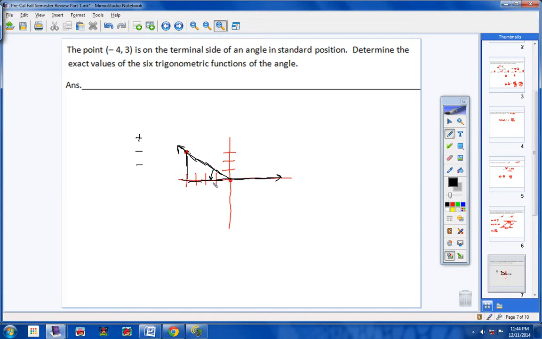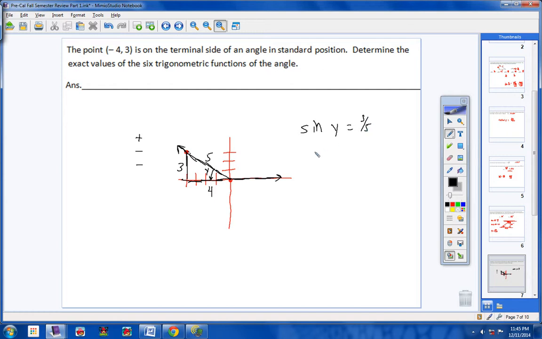And I know this triangle has a length here of 4, because I'm over 4, and it has a height of 3. So the hypotenuse, if I use Pythagorean theorem, is going to be 5. Now we are really home free. This is so easy. So we're going to call this angle y right here. So the sine of y would be opposite over hypotenuse, 3/5.